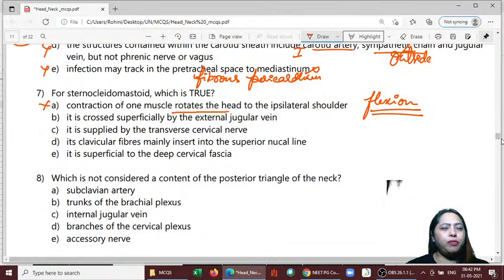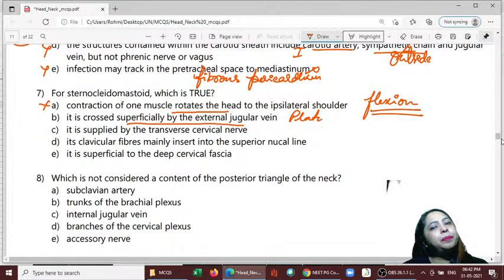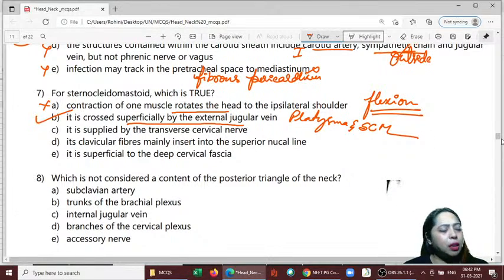It is crossed superficially by external jugular. Is it crossed by external jugular? Superficially by external jugular. This lies between platysma and sternocleidomastoid. So it is a correct statement. It is supplied by this?